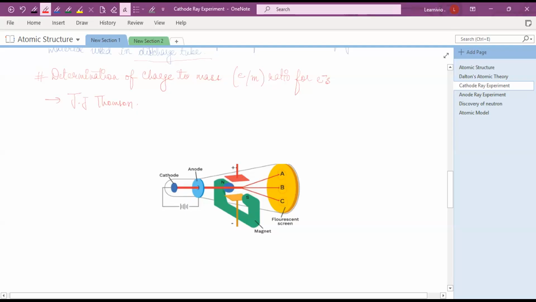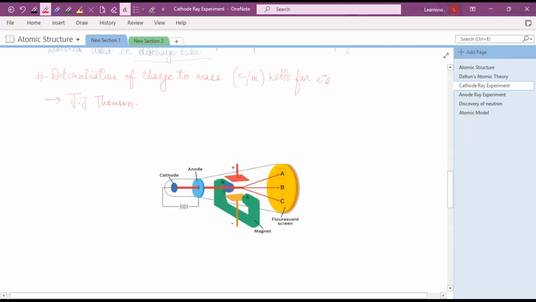Anyhow, he calculated some values over here, which later determine the charge to mass ratio. See, what did he do? First he applied the electric field, and he saw some deflection. These cathode rays show some deflection towards the positive charge, right?